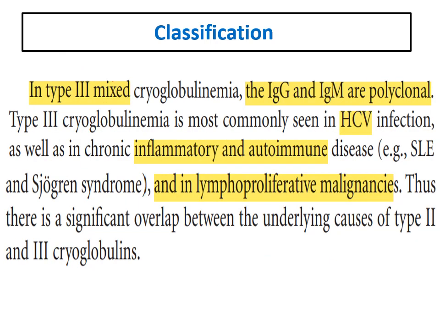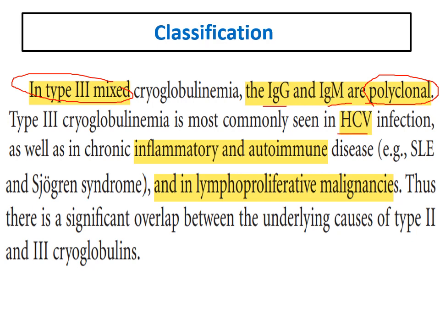What about type 3? Type 3 is also mixed, but in type 3, both IgG and IgM are polyclonal. So type 1 is monoclonal, type 2 is monoclonal IgM against polyclonal IgG, but in type 3, IgM and IgG both are polyclonal.